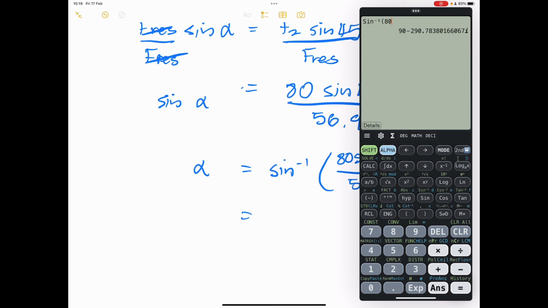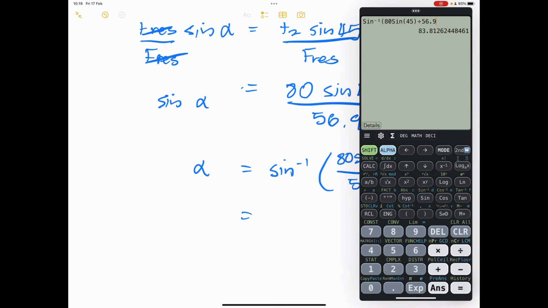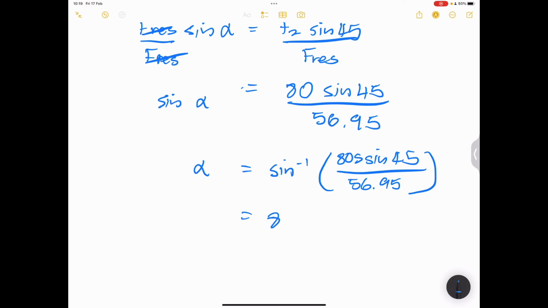That's 80 sine of 45, divided by 56.95. I close that, and I get an angle of 83.36. That's the angle alpha.